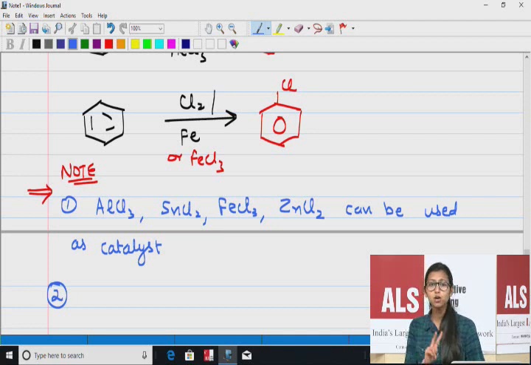One more thing, iodination is also not considered a very good method for this one. Okay, why? Because it is a very slow reaction. It takes a lot of time, and sometimes it is also written that it's a reversible reaction.